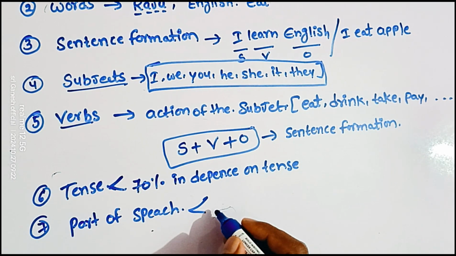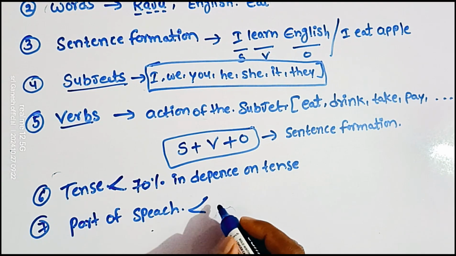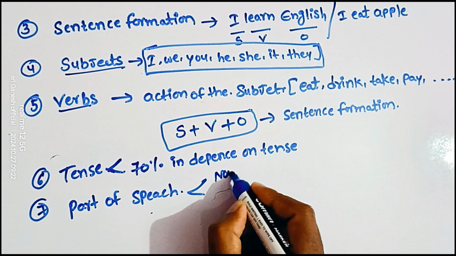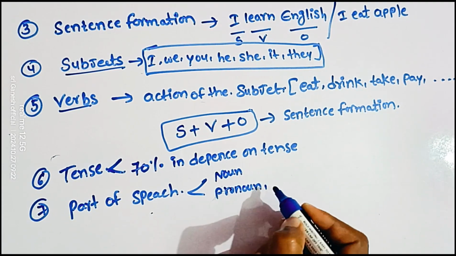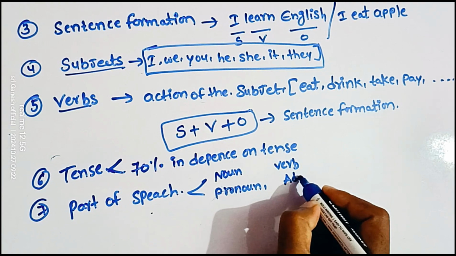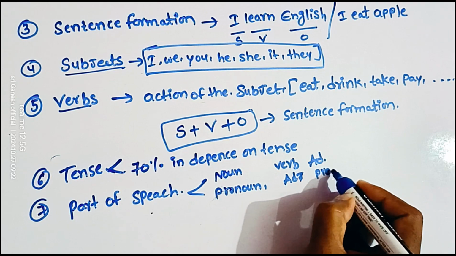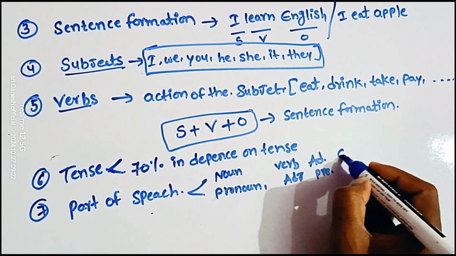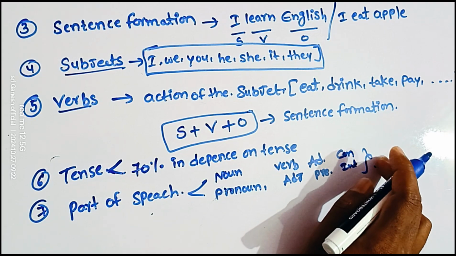Words are divided into 8 kinds according to their functions, called parts of speech. They are noun, pronoun, verb, adverb, adjective, preposition, conjunction, interjection. These are called parts of speech.